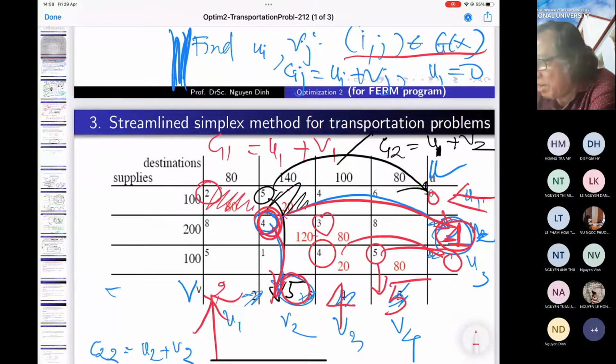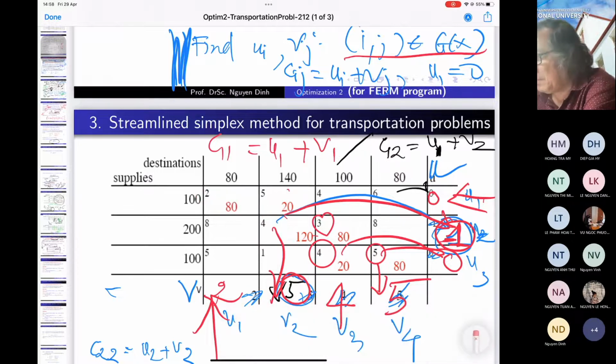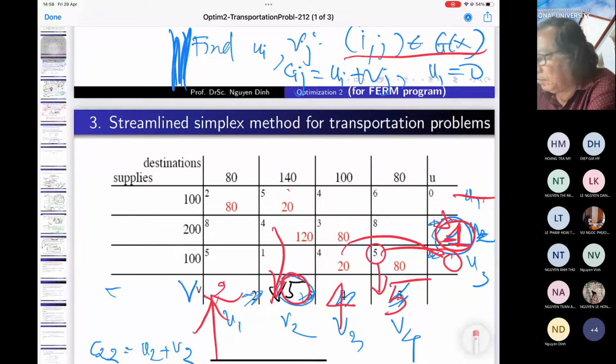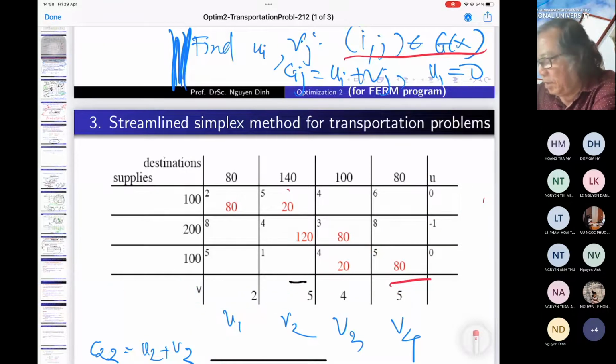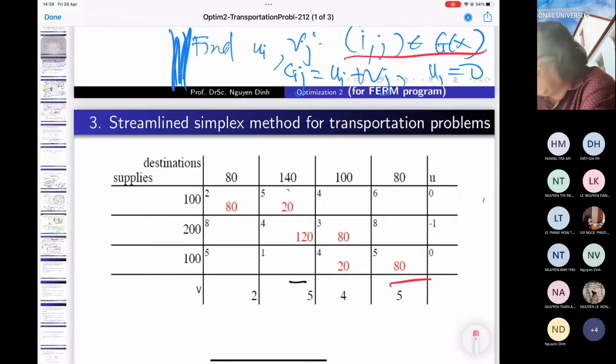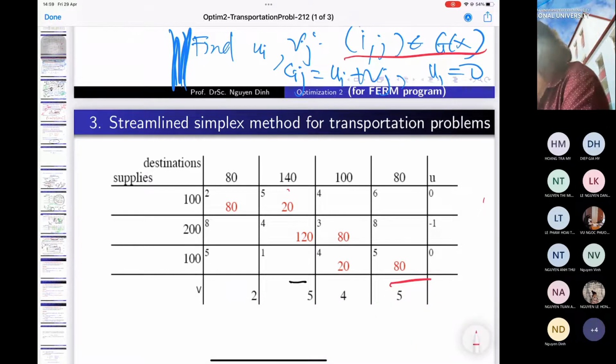Very easy. I will delete it and we do it again. So now we delete all the numbers here and here, and then we will find them.